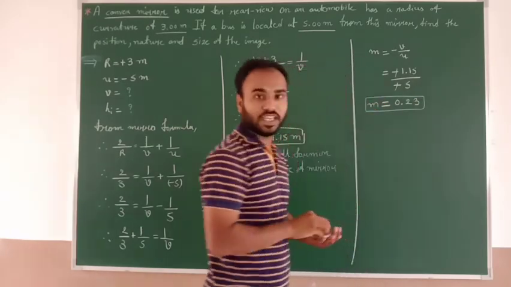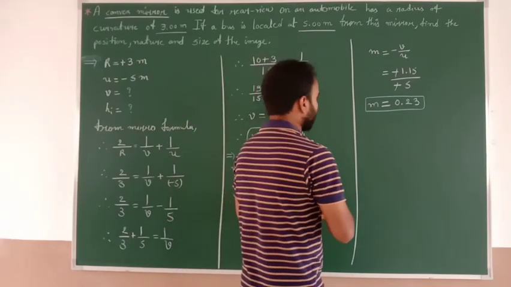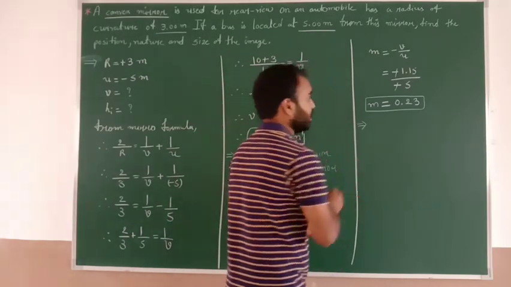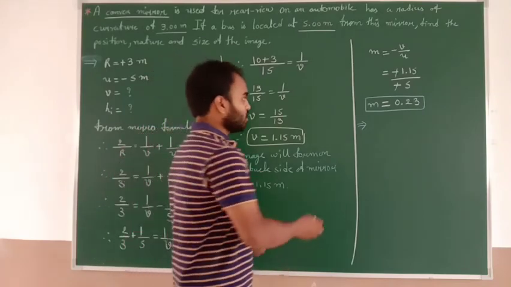So m we got, that is 0.23. So what will be the nature of the image?